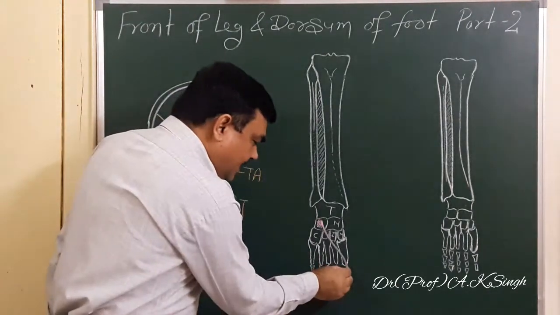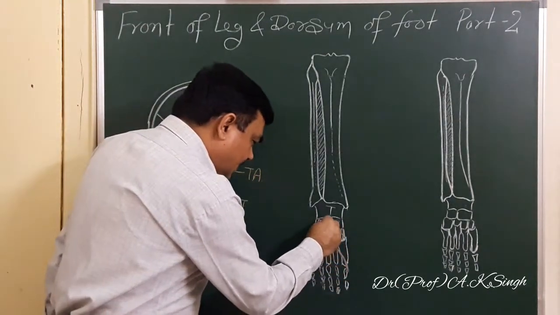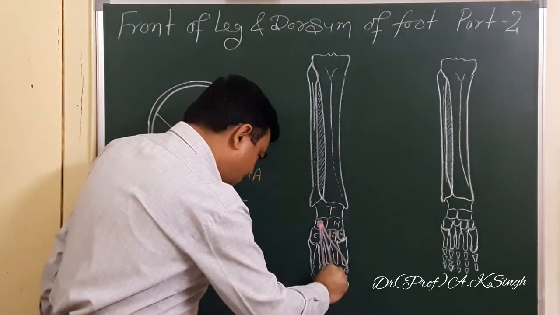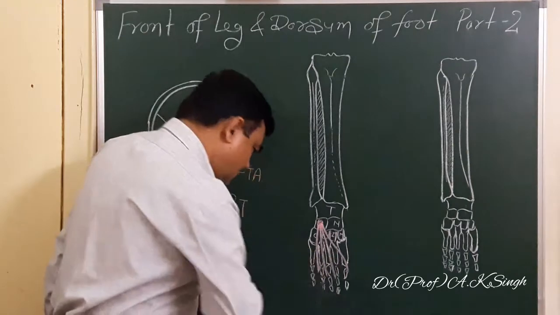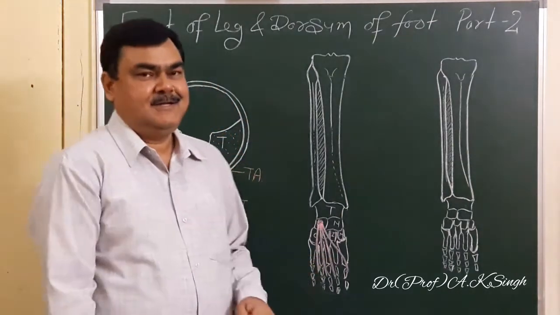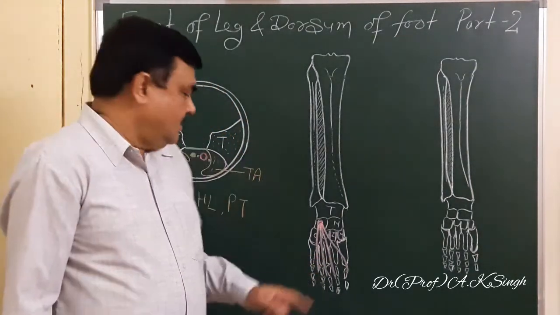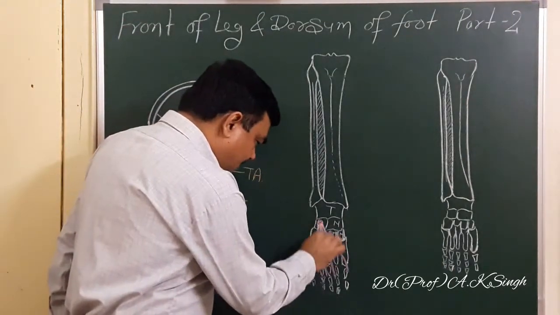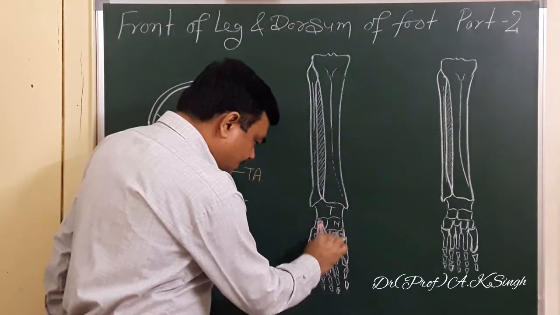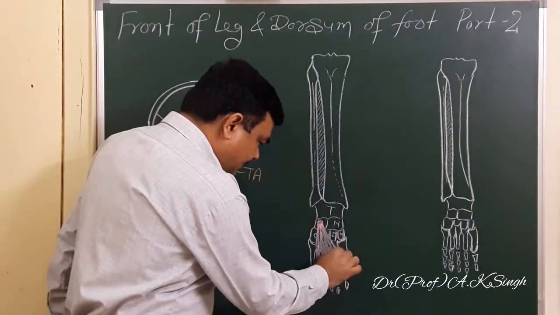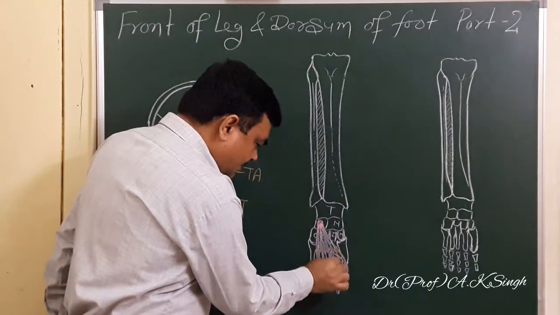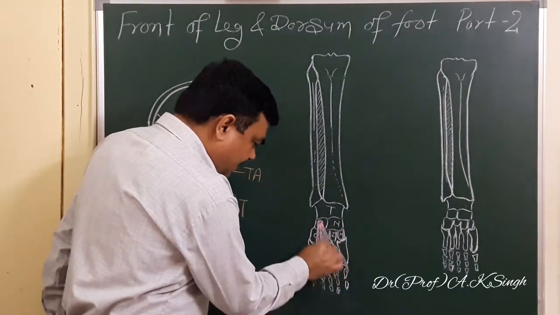One tendon is here, and another tendon is here. So these are the 4 tendons of this muscle. Here is the belly of the muscle.